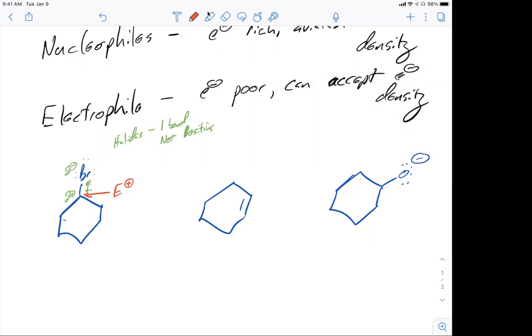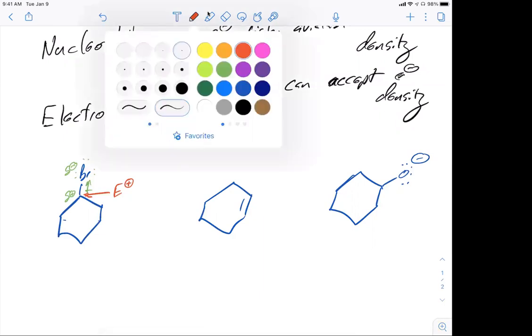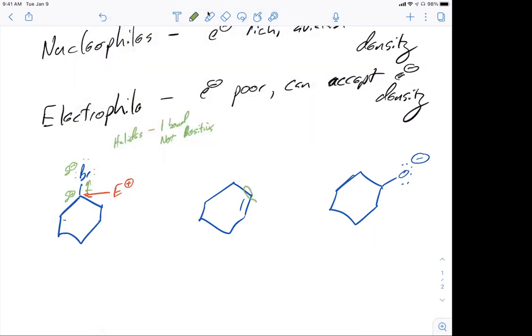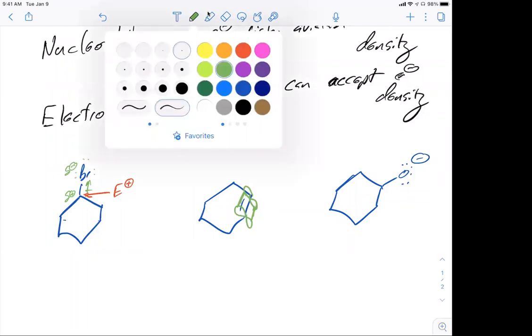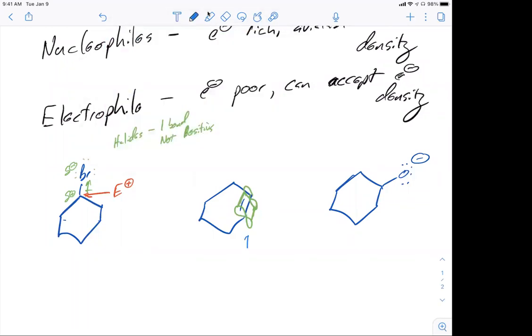Looking at the second species now, we don't really see any inductive effects, but what we have to remember is that this pi bond is actually made of these p orbitals coming in and out of the ring, right? So that pi bond is actually showing this electron density, right, is available, right?